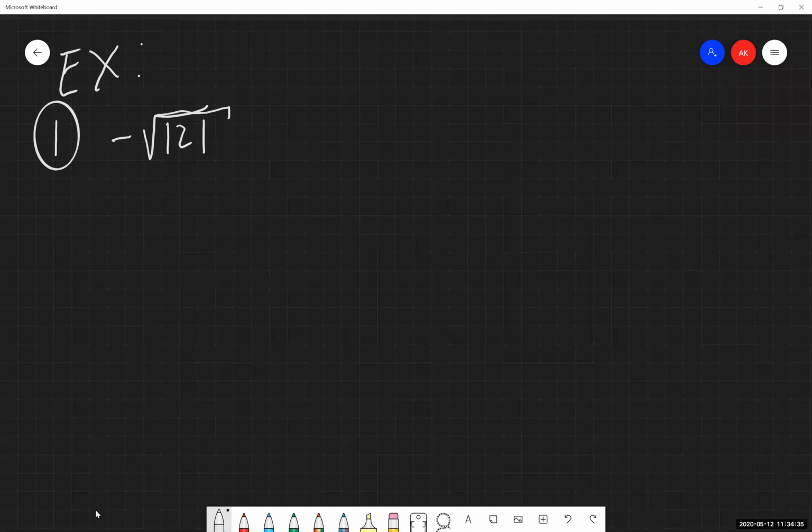I'm being asked to find the negative square root of 121, which means I'm going to have only one answer showing up. So it's also going to be a negative answer because we have the negative square root of that. We can plug this into our calculator. I'll bring up the calculator here to show you what this looks like.